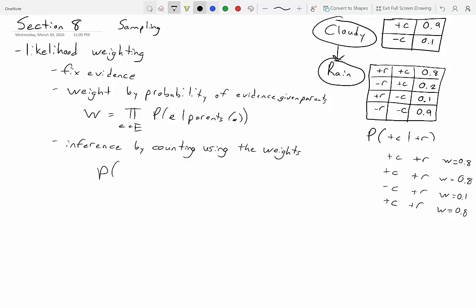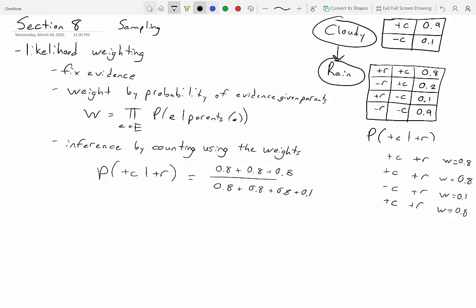Now, if I want to do the probability of plus C given plus R, I do the same thing as counting, but I use the weights. So I get 0.8 plus 0.8 plus 0.8 over the sum of all the weights: 0.8 plus 0.8 plus 0.1. And that's it for likelihood weighting.